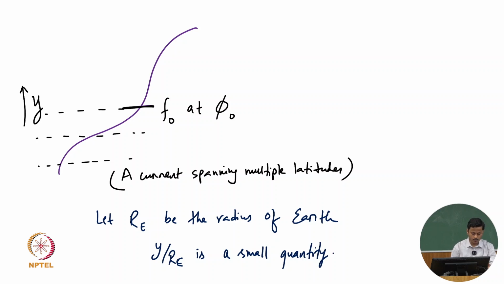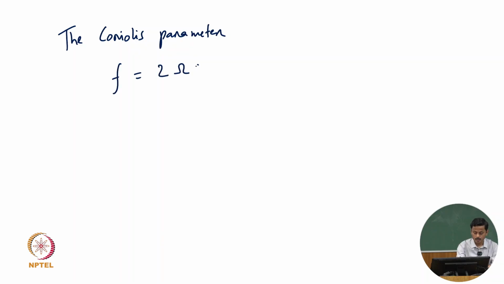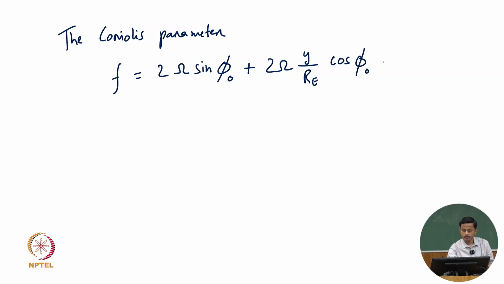In this case, the parameter f can be expanded as 2 omega sine phi naught plus 2 omega y by RE cos phi naught plus higher order terms.